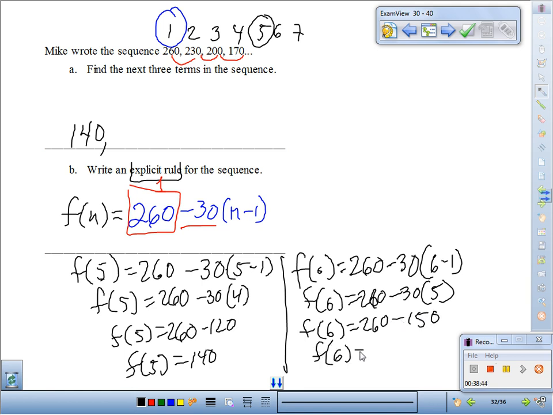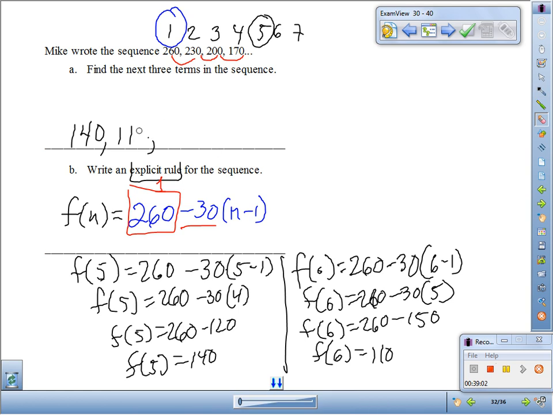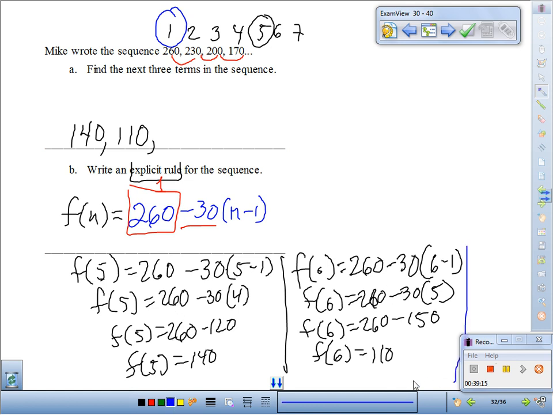F of 6 equals 110. If you make a recursive rule, yeah, it would. Okay. And do the last one by yourself, f of 7, see what you get, see if it works.